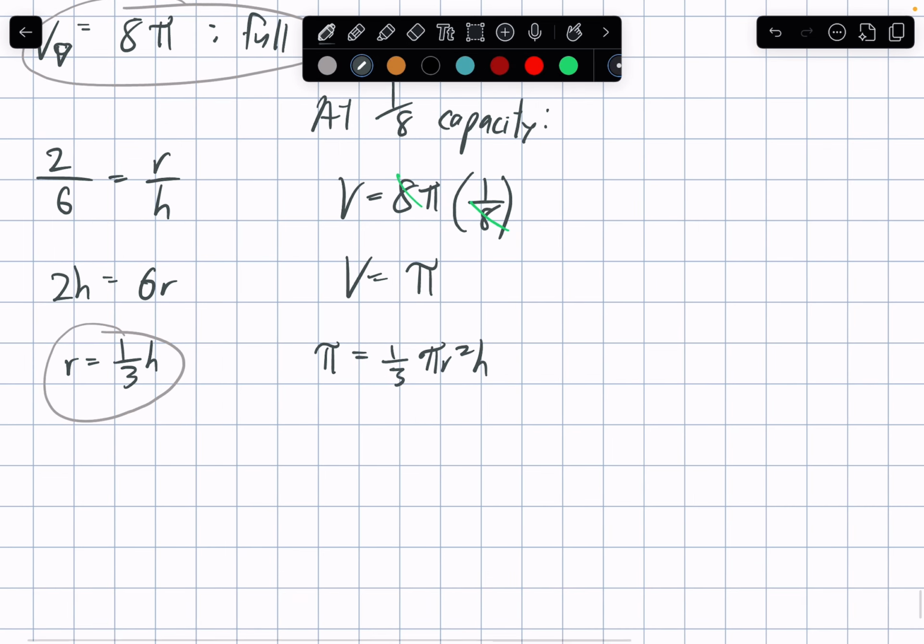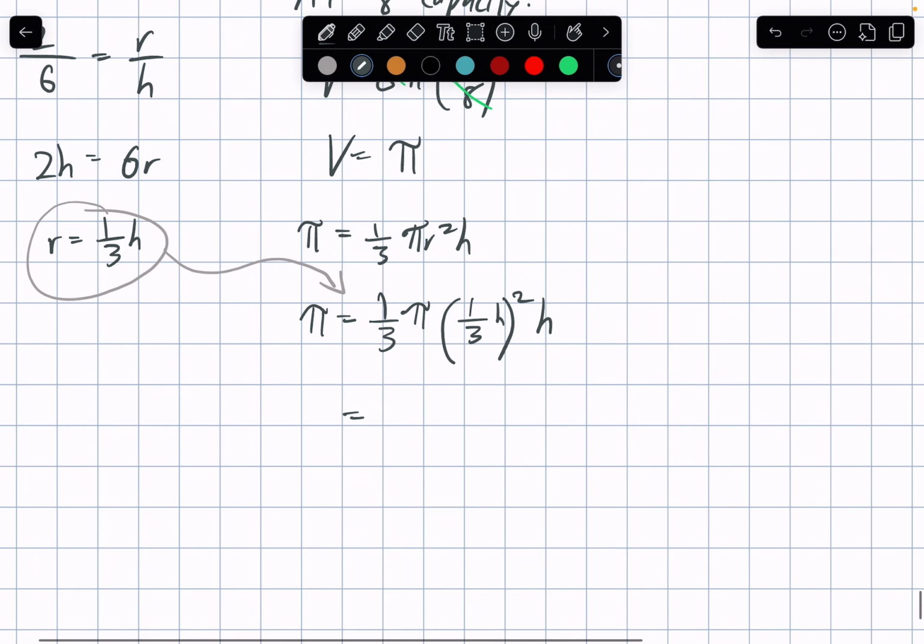Don't be confused. And from here, we substitute the radius so that everything will be in terms of the variable h. Let me show you. So 1/3 pi times (1/3 h) squared times h. Simplify.